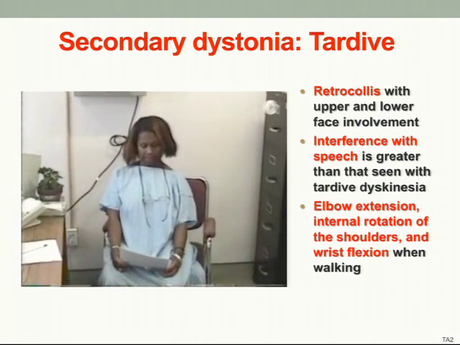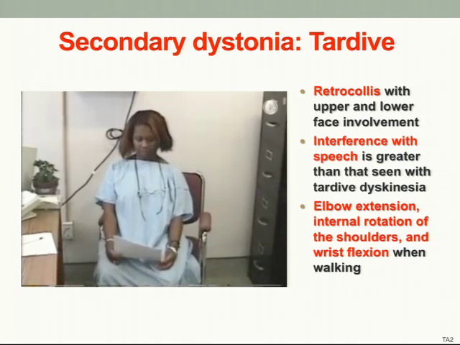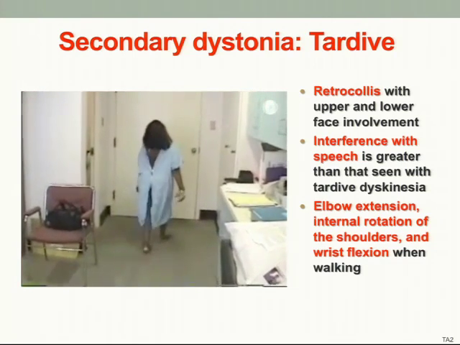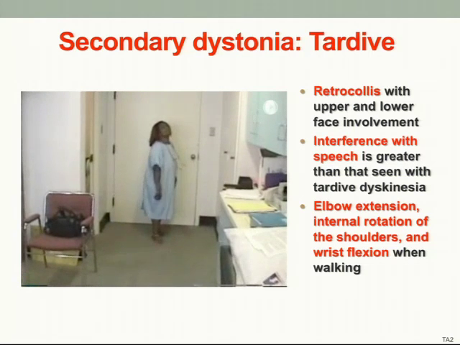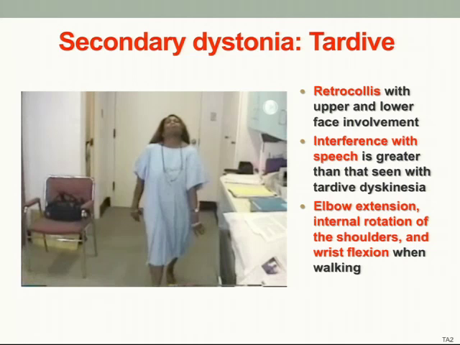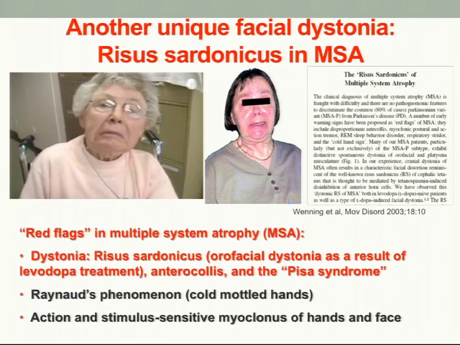Paroxysmal retrocollis, and as you see here, also involvement of speech, some extent of arm extension, elbow extension, wrist flexion, and internal rotation of the arms. If you see this pattern, the retrocollis, the extension of the arm, the flexion at the wrist, there is nothing other than neuroleptic exposure, and so this is tardive until proven otherwise.